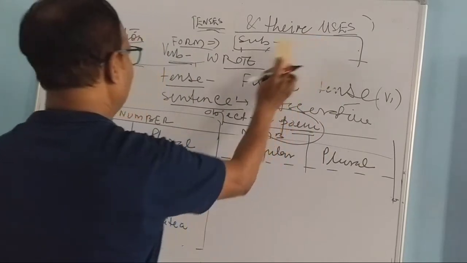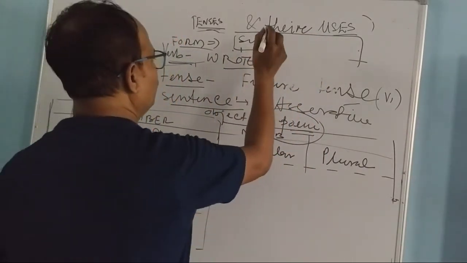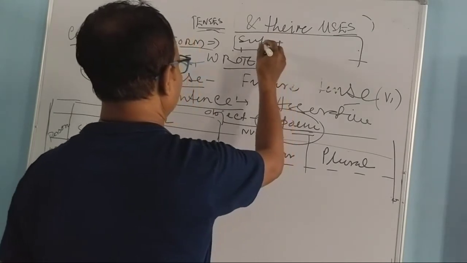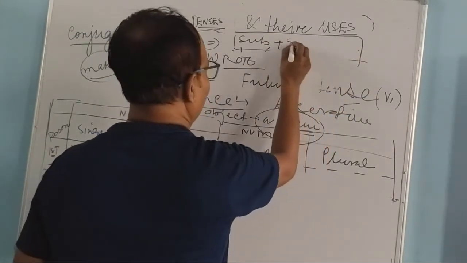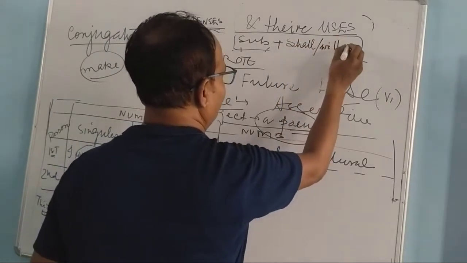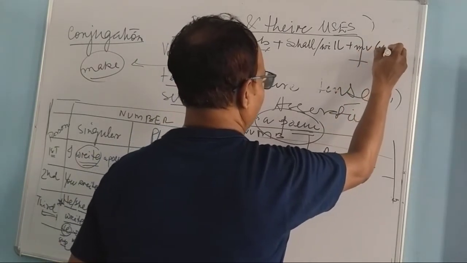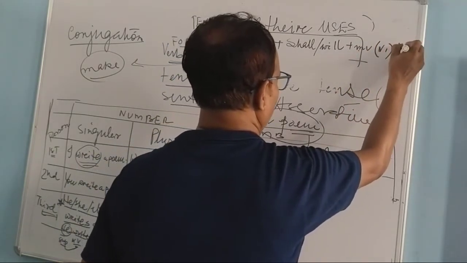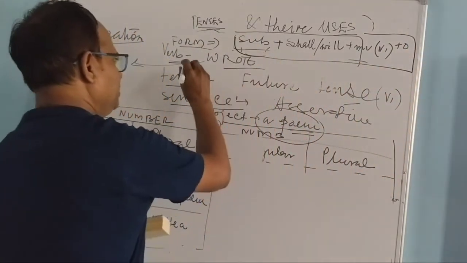This formula you will have to remember, so that there is no confusion. First you write the subject in the assertive form, and then the sign of future, shall or will, and then the main verb in verb 1 form, and then the object. So this is the form, my dear children.